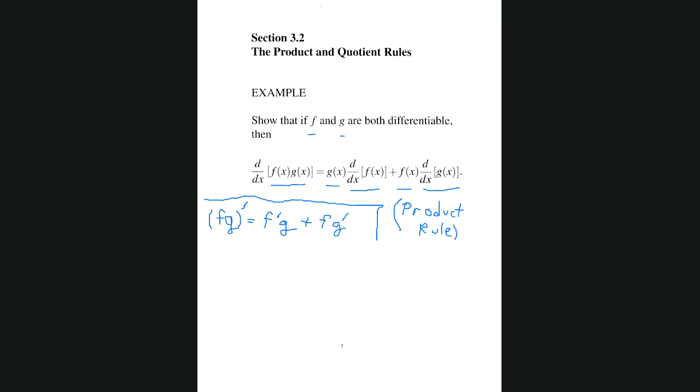And I mean, like for what we learned in section 3.1, if you were to use this brief notation, you're learning that the derivative of a sum, so (f plus g) prime, would equal f prime plus g prime.